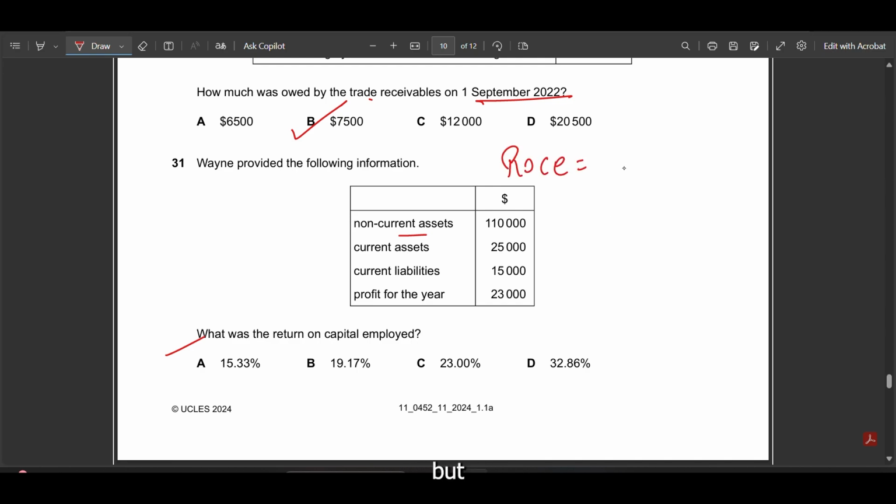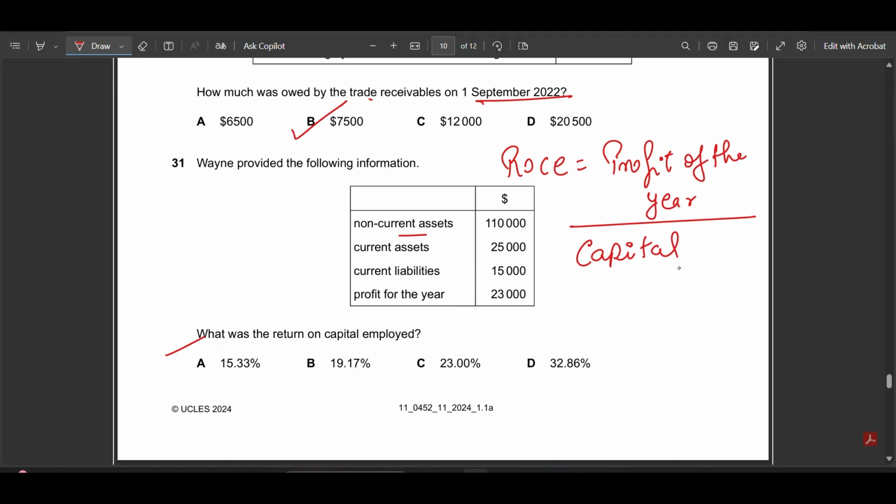It's nothing but profit for the year divided by capital employed. In our case, they have given us the profit, but they haven't given the capital employed.